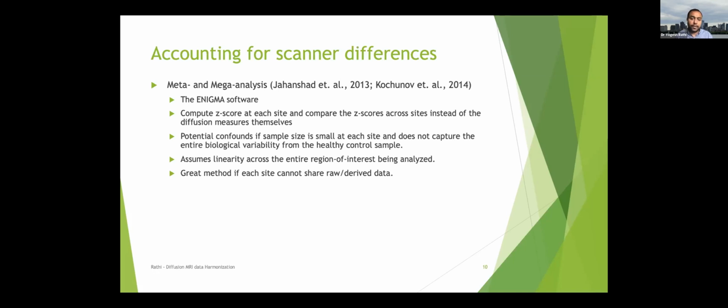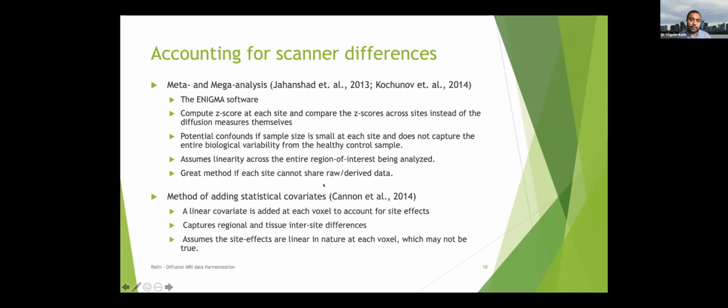But I think it is a great and more practical method if sites cannot share the raw data or derived data. They only want to share the z-scores. This is how I think ENIGMA works. They also share the FA values, but they don't necessarily have to share the raw data, which is a bigger issue with privacy concerns. So in that case, this works out pretty well.